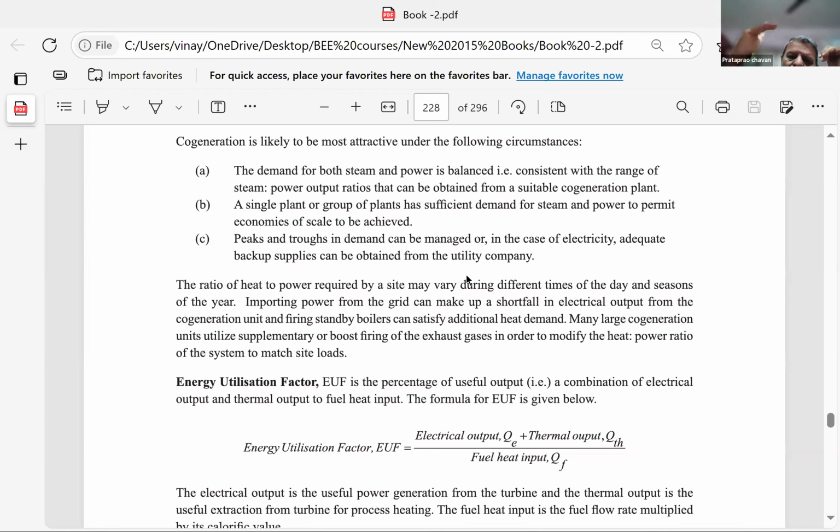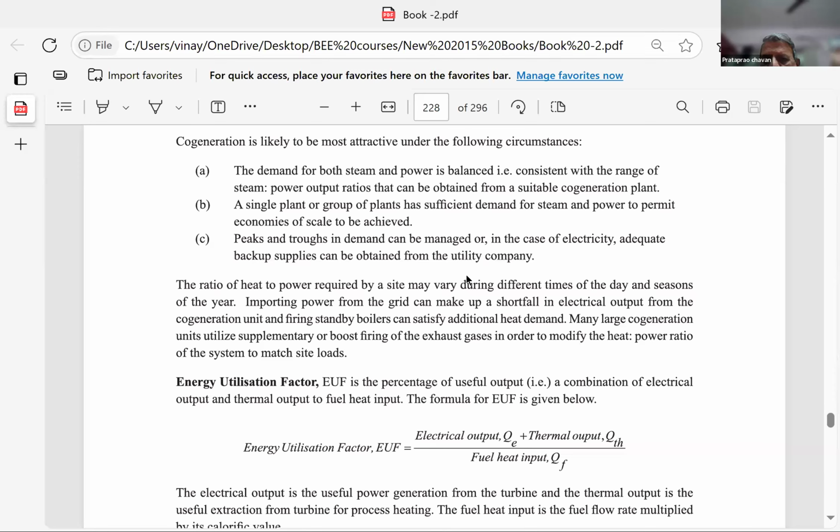When we say topping cycle and bottoming cycle, it depends on what parameter heat source you have. If it is high pressure, high temperature steam, first it will be a topping cycle. That means it will generate power first, but while generating, a small quantity of required electricity is generated and bulk heat is given to the process.